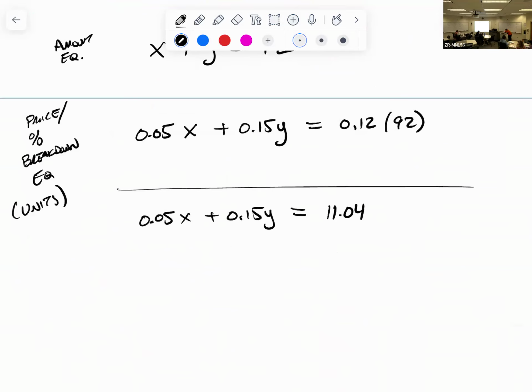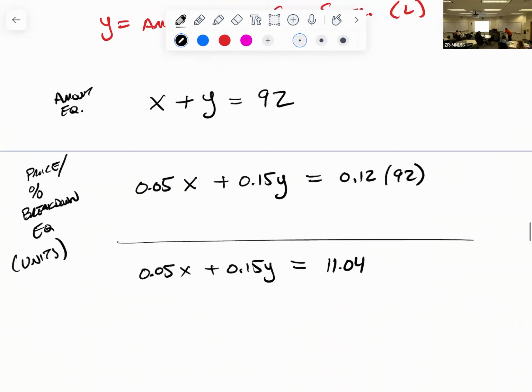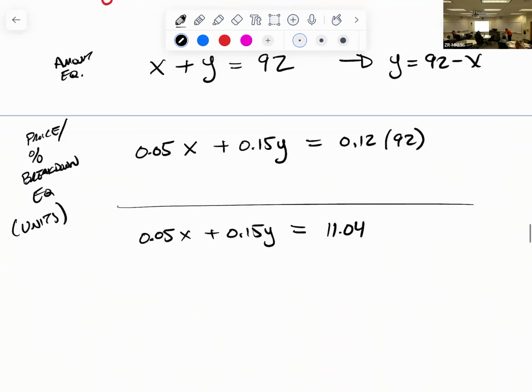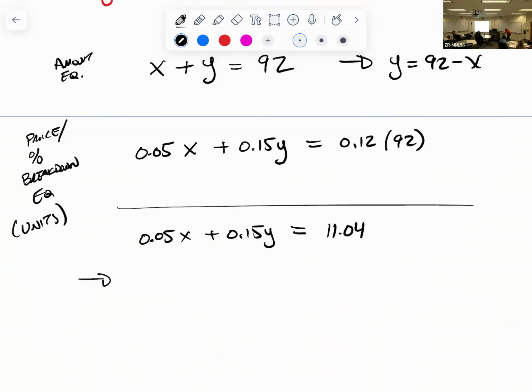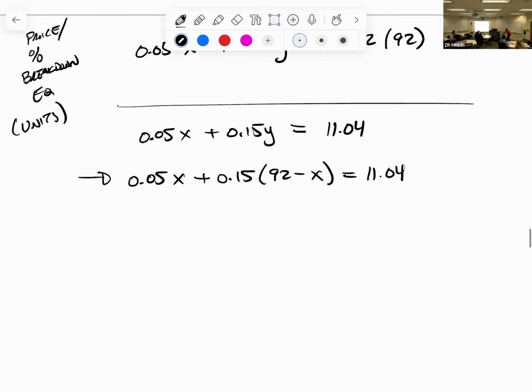Once I have that, let's take the other one, and substitution seems to make the most sense here. It doesn't really matter, so let's do y equals 92 minus x. I'm going to plug that in and simplify away.